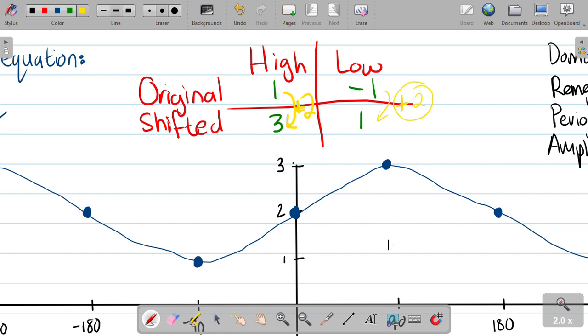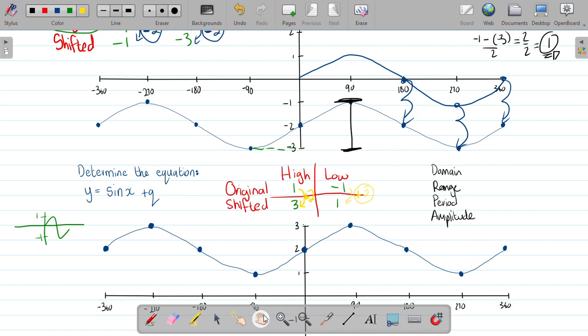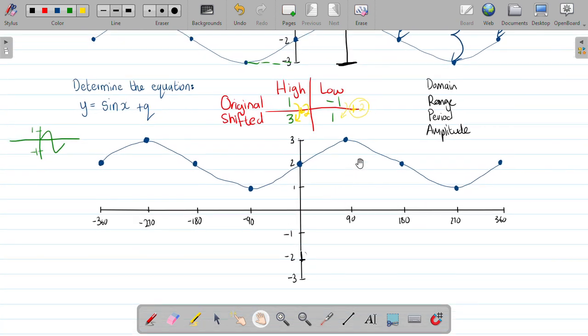So that is the technique that we can use, and we can see that it has shifted up 2 units. So with all that being said, let's answer the question. The equation for this graph is y equals sin x, and we're going to say it has shifted up 2. So this is our answer over here.